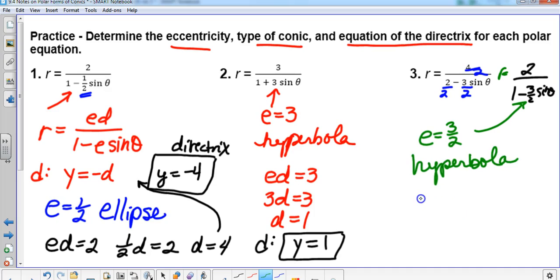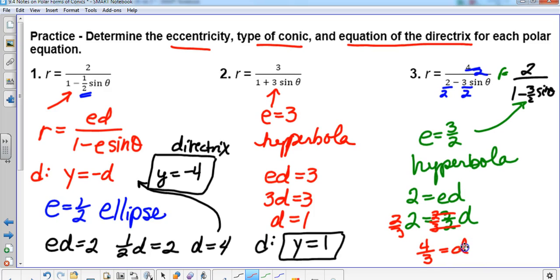The numerator is 2, which is E times D. And D was 3/2, so we have 2 equals 3. I'm sorry, E was 3/2. Did I say that backwards? I think I did. E was 3/2. We're looking for D. Yes, we need to multiply by 2/3 to both sides so that this will just leave D. So we get 4/3 equals D.